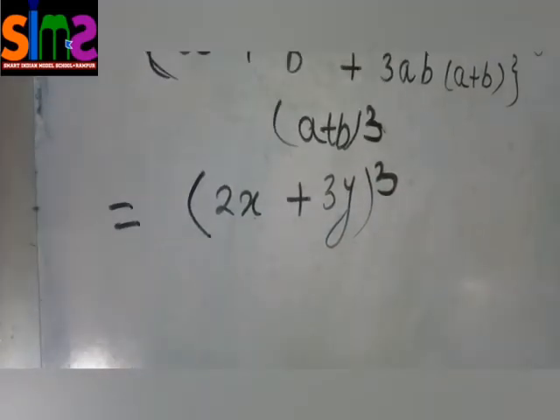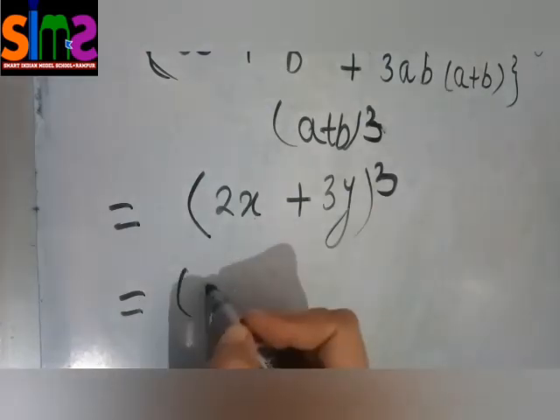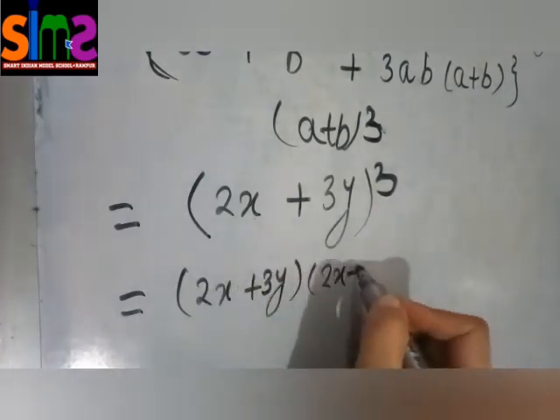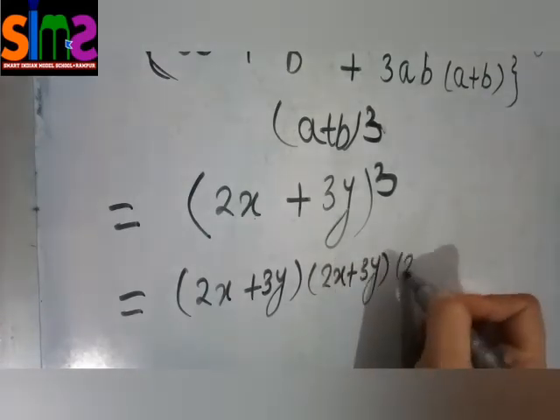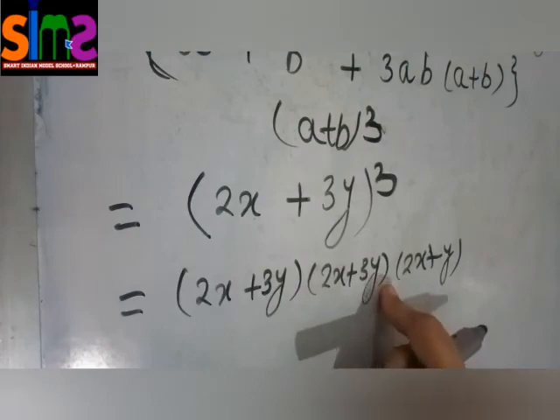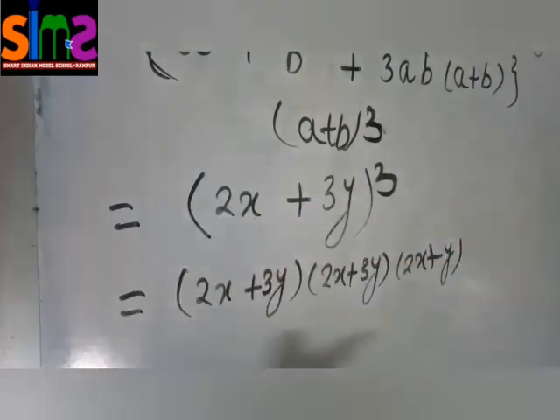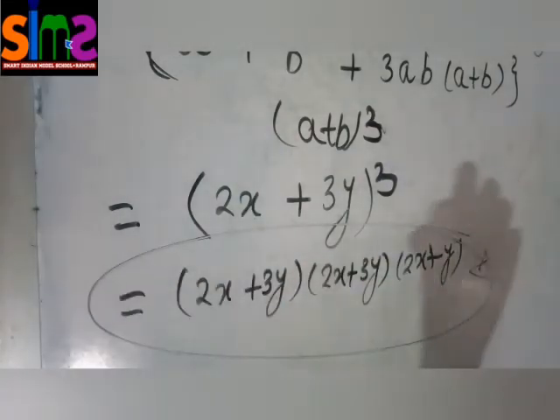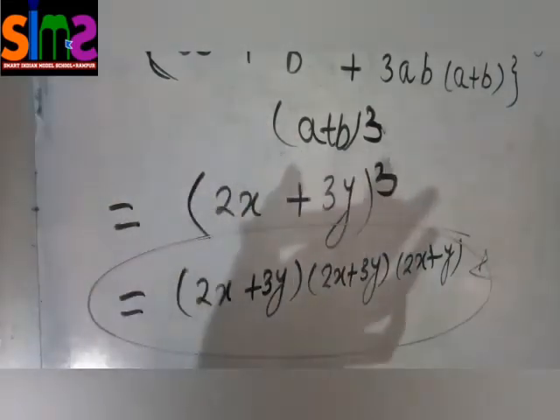2x plus 3y and its whole cube can be written as 3 times 2x plus 3y, 2x plus 3y and 2x plus 3y. So these 3 brackets are in multiplication form, means we have factorized it. This is the factorized form of our given question. I hope you have understood it.